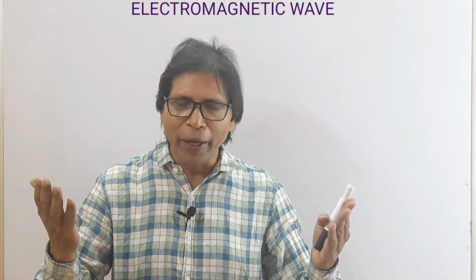Next. Now we have to express the relation c equals E naught by B naught. Suppose an electromagnetic wave propagates along the positive direction of the x-axis. So the electric field vector is directed along the y-axis and the magnetic field vector is directed along the z-axis.